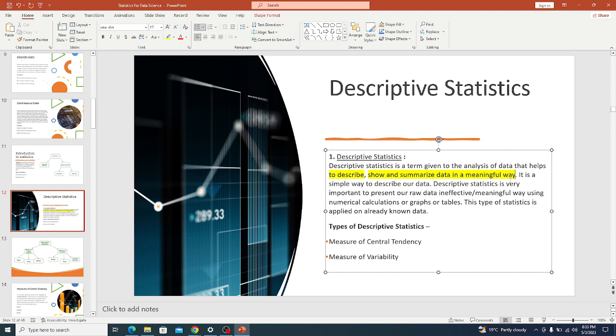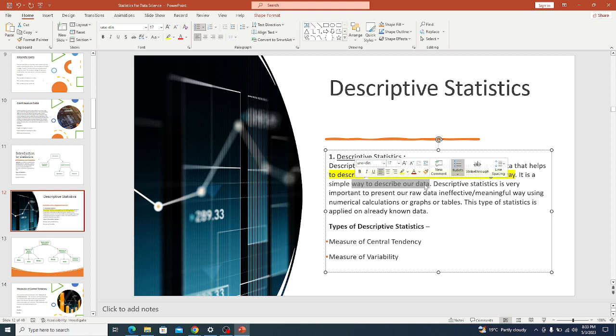This is the important point here: it describes and summarizes a data set in a meaningful way, the simple way to describe our data.